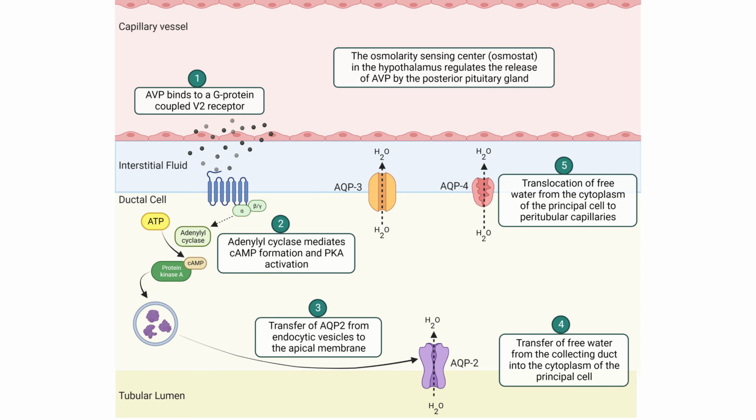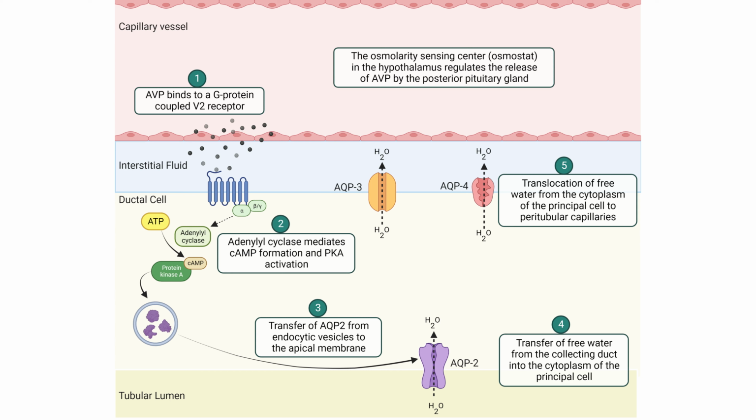So what is the mechanism of action of AVP in normal physiology? AVP binds to G protein-coupled V2 receptors on the basolateral membrane of the principal cell. This initiates a cascade of intracellular processes involving adenylyl cyclase-mediated cyclic AMP production and subsequent activation of protein kinase A. Afterwards, protein kinase A will promote the liberation of aquaporins from endocytic vesicles.